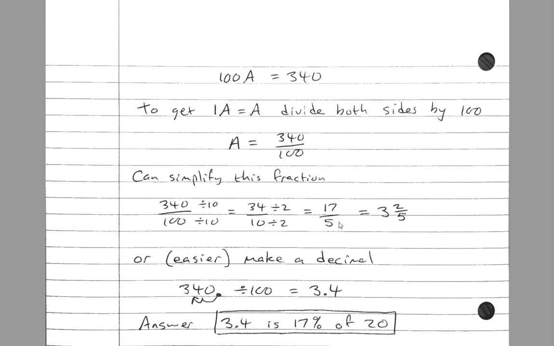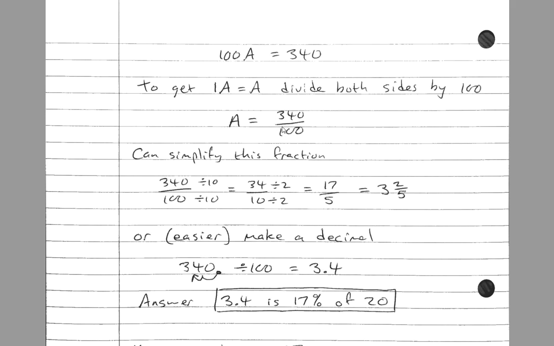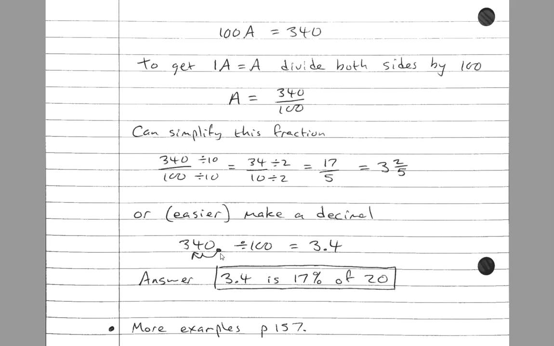So that's a good answer for a. You could write it as a mixed number. 5 goes into 17 3 times, remainder 2. So it's also 3 2/5. But we had a whole section on dividing by powers of 10, so the easier way to handle this is to write it as a decimal. Dividing by 100 moves the decimal point 2 places to the left.